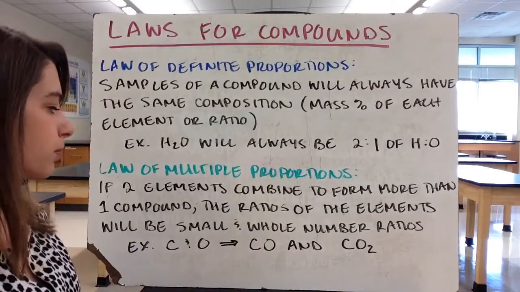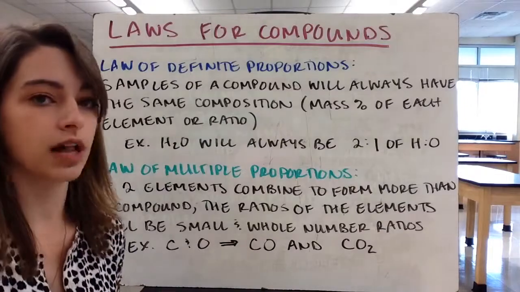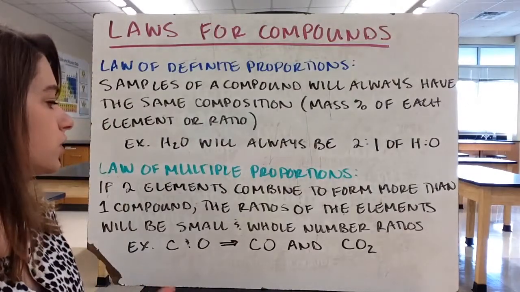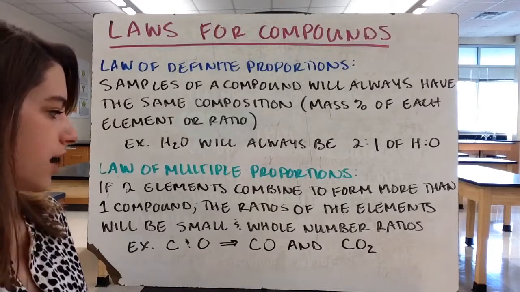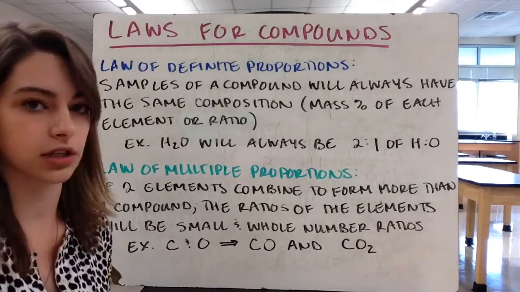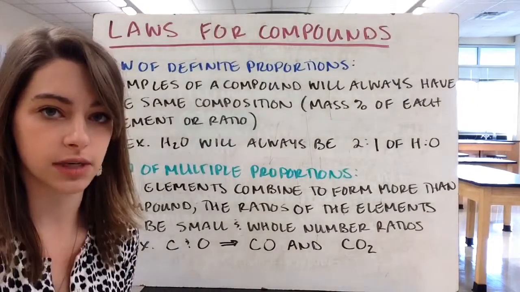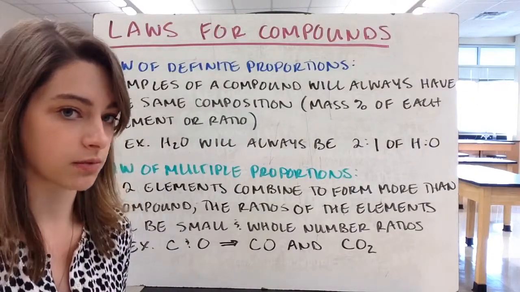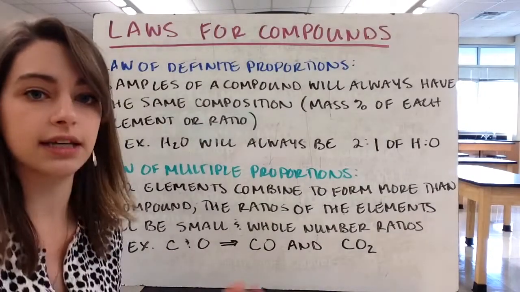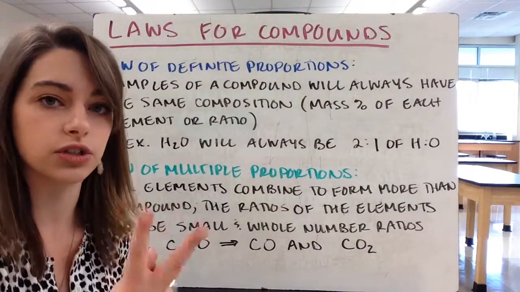The law of multiple proportions talks about if two elements can combine to make two different types of compounds. So if two elements combine to form more than one compound, the ratios of the elements will be small whole number ratios. So they're going to be as small as they can be, and they're always going to be whole numbers. So for example, carbon and oxygen can combine to make many different types of compounds. We're going to focus on two of them.